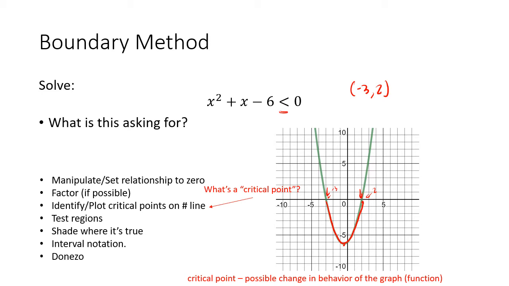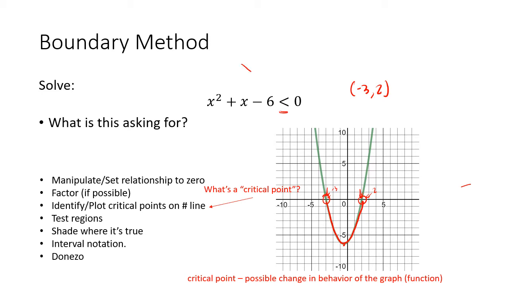So if we could, for any inequality, identify where these points are, where's that point and where's that point, then we can do a method called the boundary method, and it works like this. You take your inequality and you manipulate it, meaning you move things to the left or the right side, and you set it to 0.